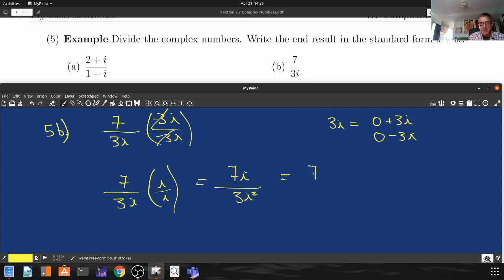Recalling i squared is equal to what? Minus 1. So that's 3 times minus 1, which gives 7i over minus 3, or if you want to write it, minus 7/3 i.